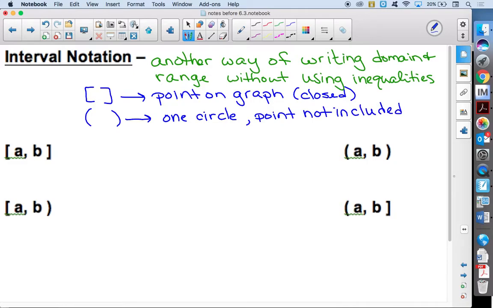So that's what less than or greater than actually means. It means it gets really close to it, but it doesn't include that specific number. So less than, greater than for the parentheses, less than or equal to, greater than or equal to for the brackets.